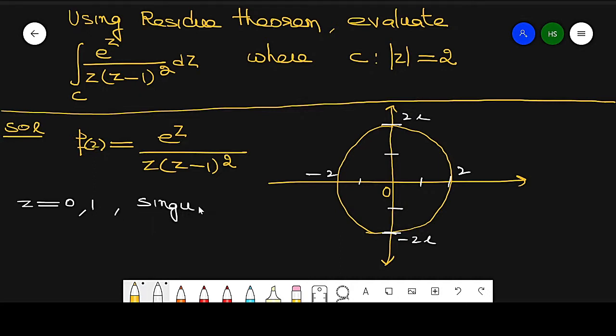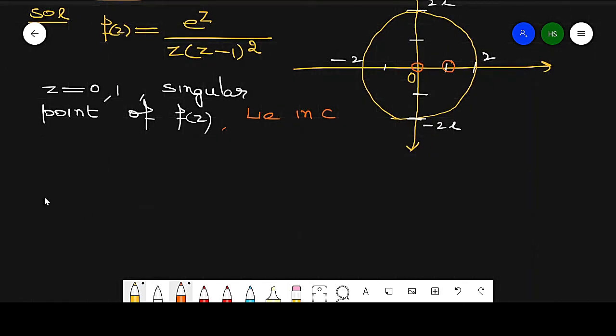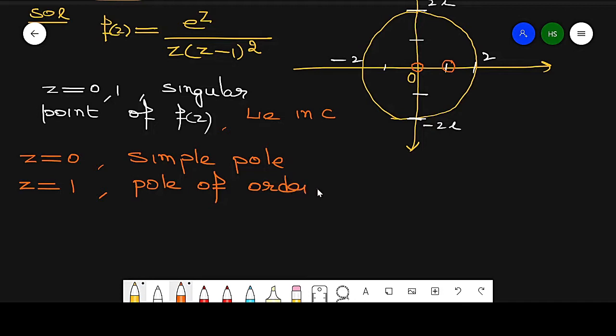These are the singular points of function f(z). 0 is this point, 1 is this point, and both lie in C. And z equal to 0 is a simple pole, and z equal to 1 is a pole of order 2.